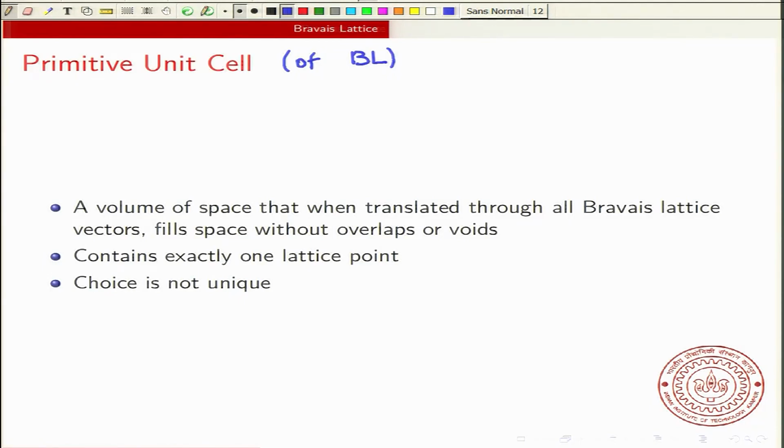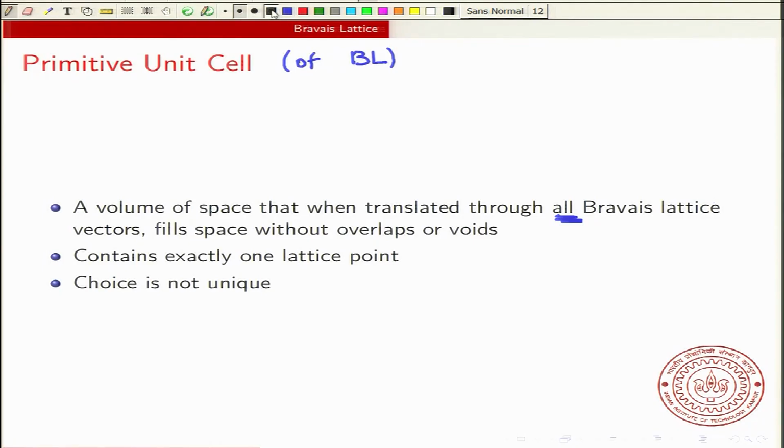What that means is that it should contain exactly one point, because if you make all translations, then you should get all the Bravais lattice points. The number of translations should be as many as the number of lattice points, and so the number of primitive cells should be the number of Bravais lattice points. Therefore each primitive cell should contain exactly one lattice point, and again the choice is not unique.